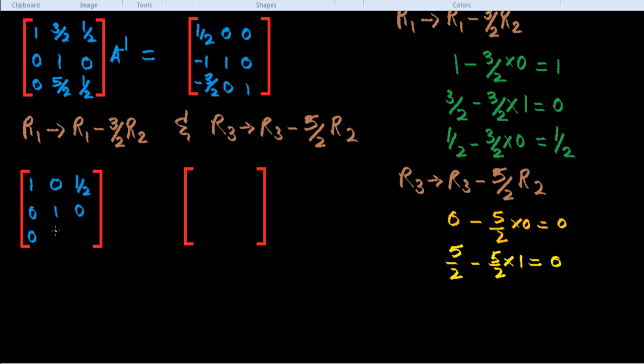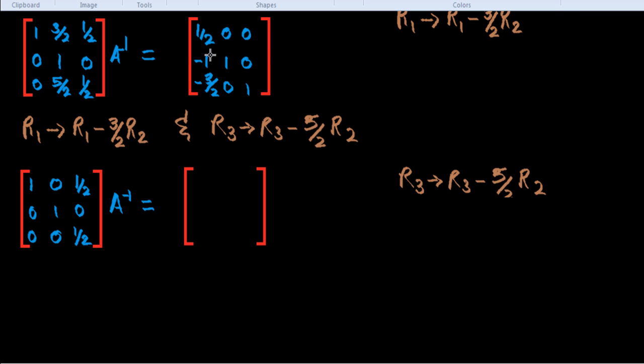It is 0 now. Here you see 1 by 2 minus 5 by 2 and R2 is 0 here. So we get 1 by 2. We have got this.